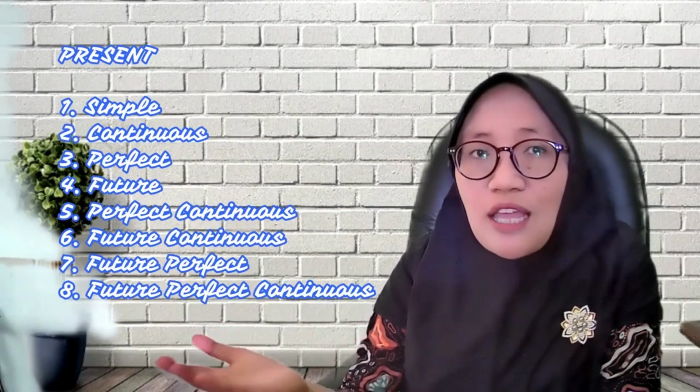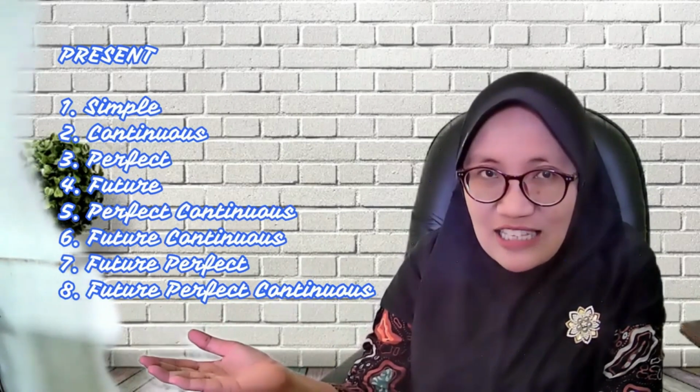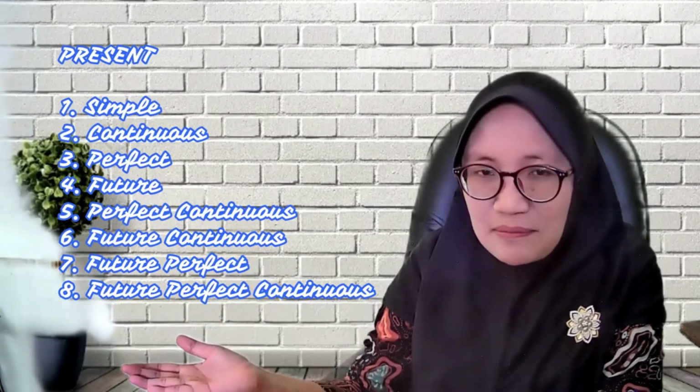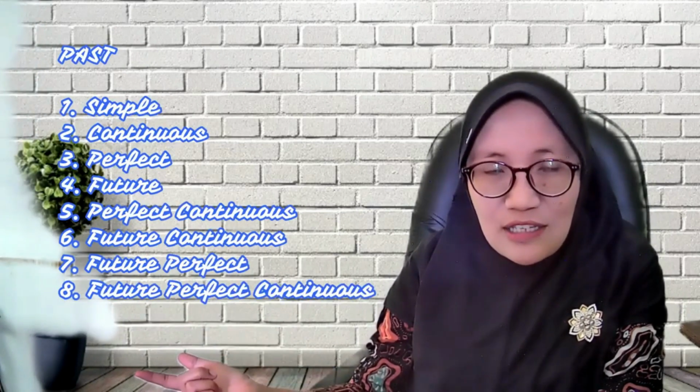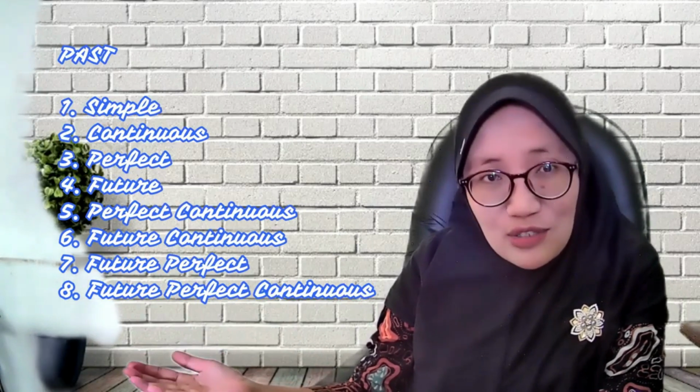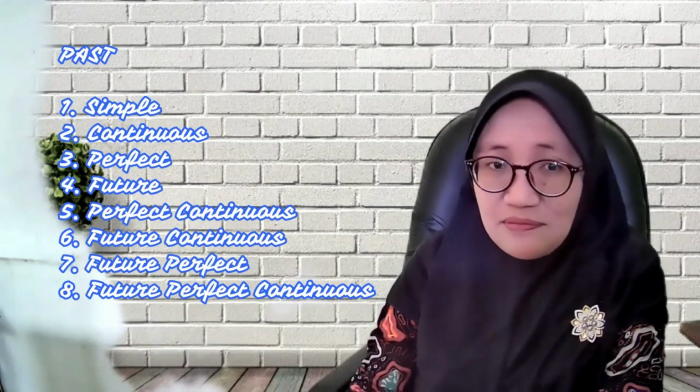Okay, yeah. But the present here can be divided into 8 tenses like this. And then the past tense can be divided too into 8 tenses like this. You can see next to it.